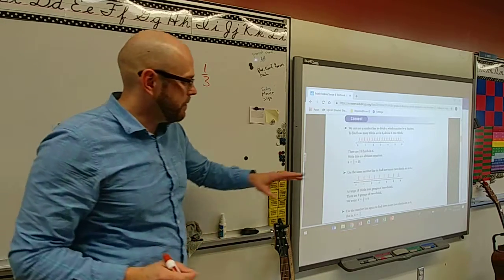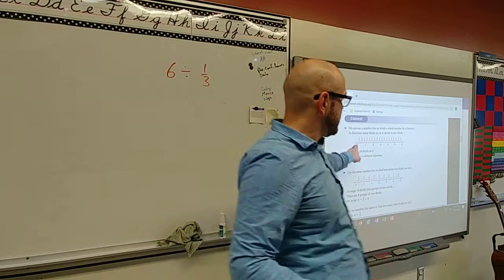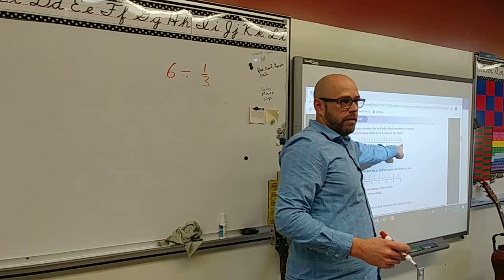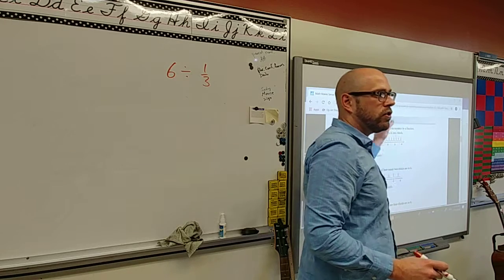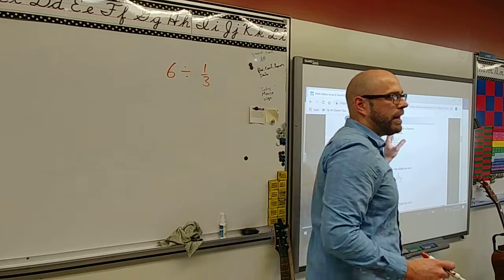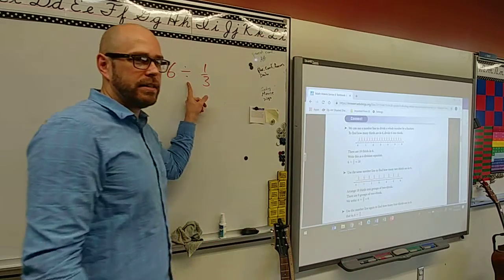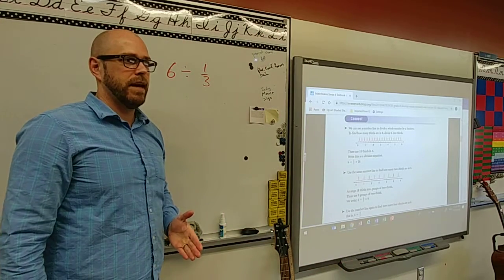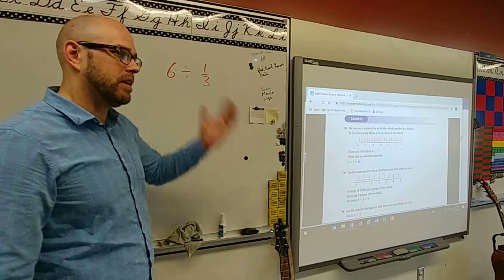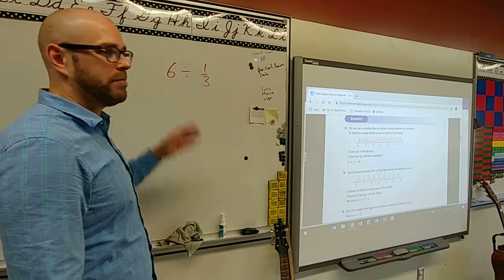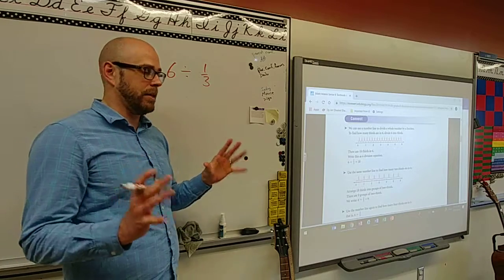Now we're going to take a look. If you see what they've done, we have 6 right here. And it's saying, if I cut 6 into thirds, how many do I get? Because remember, this dividing symbol means cut, like cutting a cake. So I've got 6 cakes and I'm cutting them into thirds. Or I've got 6 pizzas and I'm cutting them into thirds because I want really big slices.